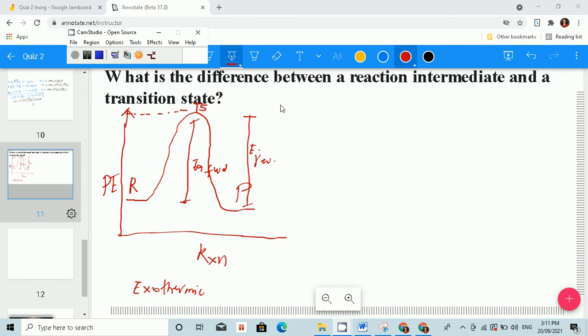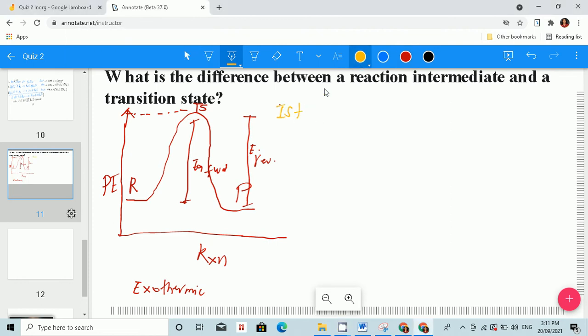It is short lived because it will proceed to a product. So that's why it's short lived. Okay, I'll write that one.